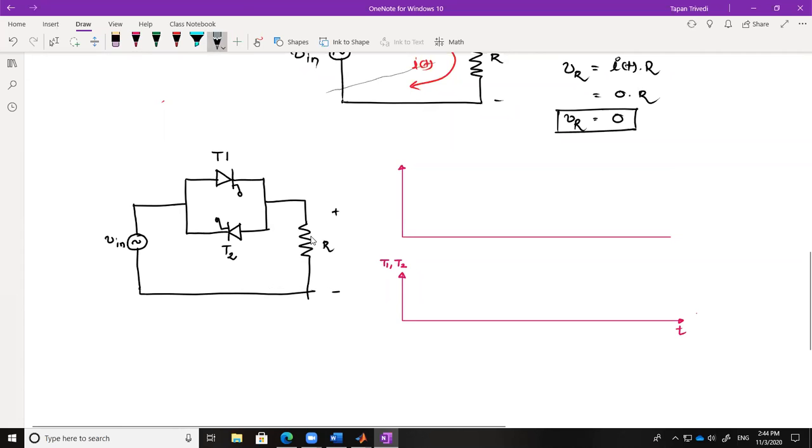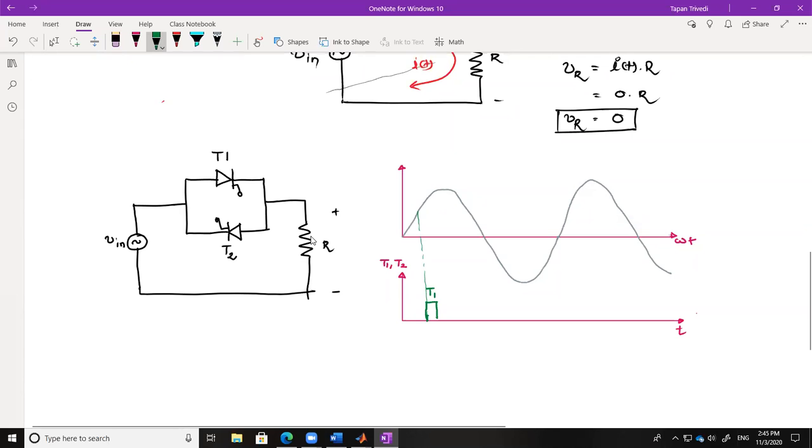Okay. So I will start with a sinusoidal waveform. Let us say this is T. On the x-axis you have T, or omega T, whatever you say, right? And T1 is fired here.